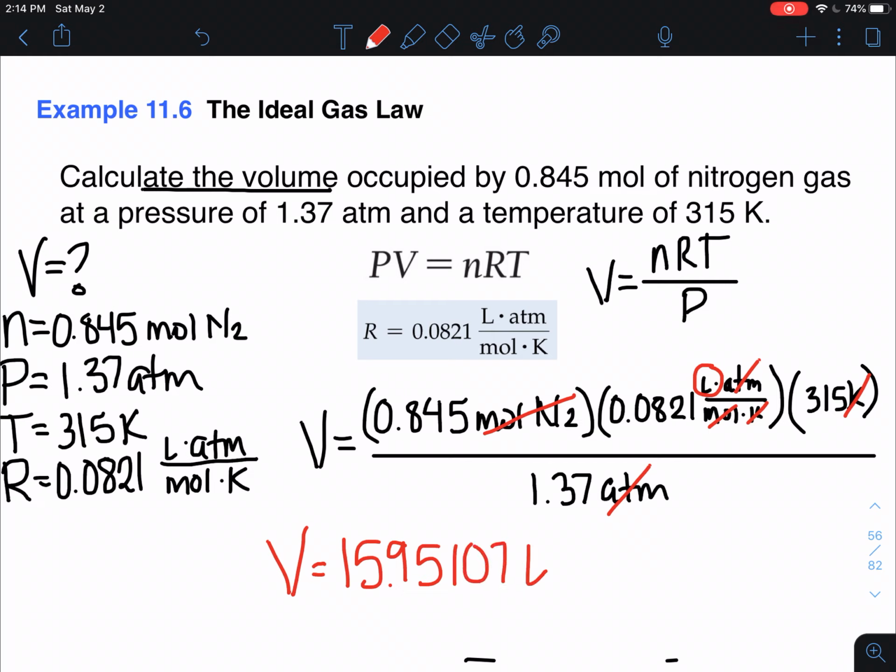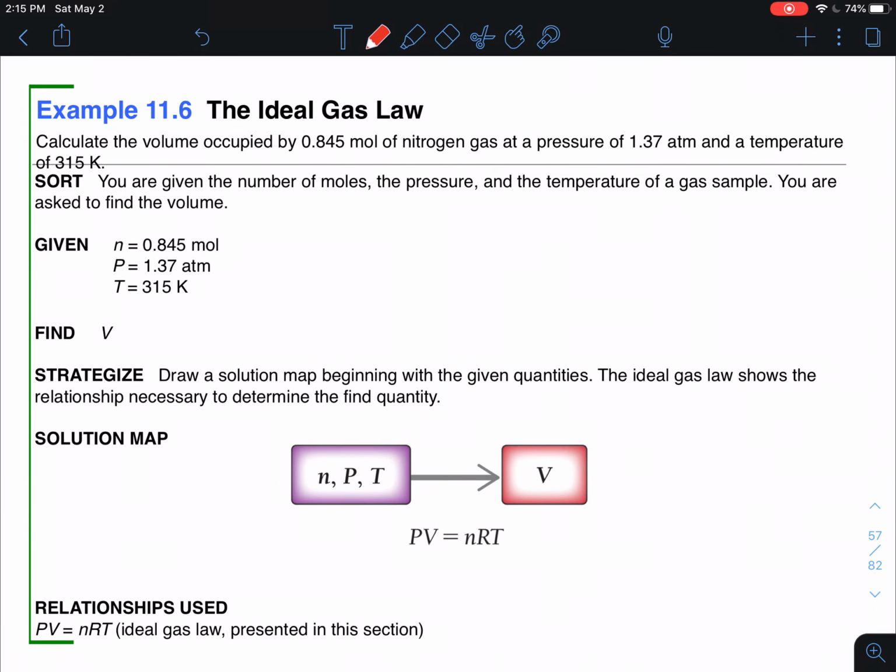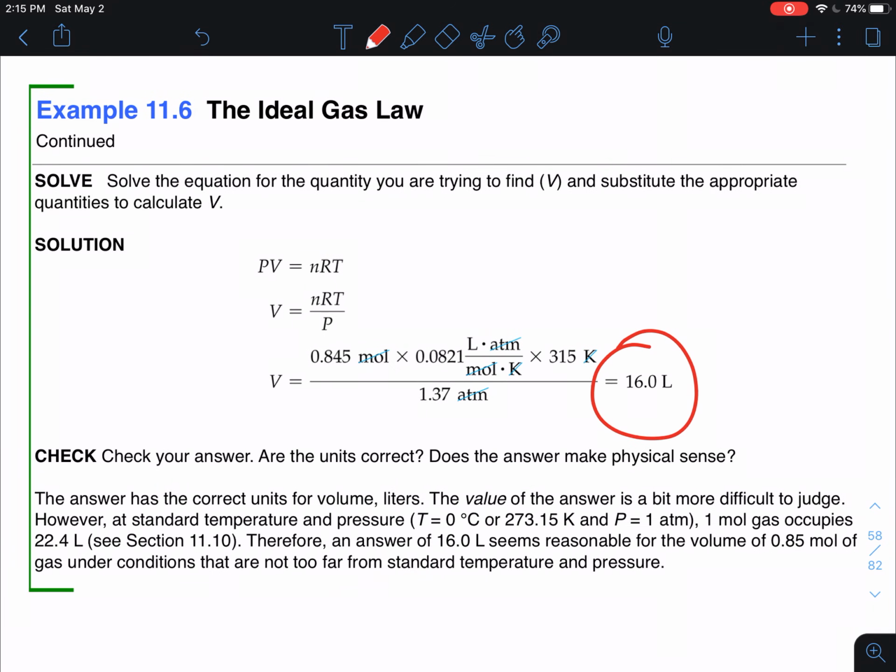We're working with 3 significant figures here, so I have 1, 2, 3. Since I'm dropping the 5, my 9 has to go up. So 16.0 liters is my final answer. Again, here's everything: 16.0 liters.